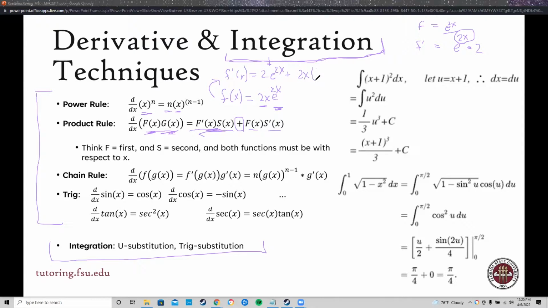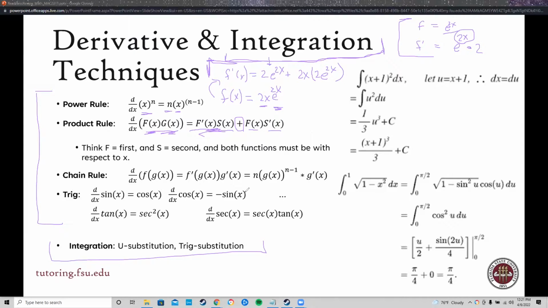But now I'm taking the derivative of e to the 2x, and I know the derivative of e to the 2x looks like 2e to the 2x. So right here then would be my derivative of this function. All right, so that's product rule.